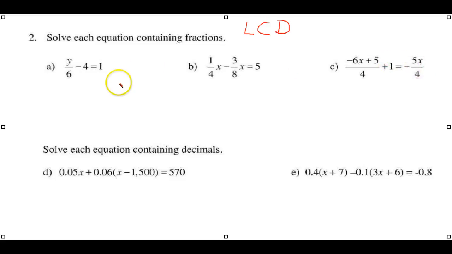So now we need to figure out what will be our least common denominator. Well, here there's no choice, it's 6. So we multiply every term by 6. Now here we're going to choose 8. That's the least common denominator.